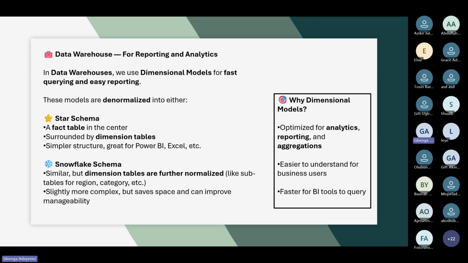So conformed dimensions are dimensions that can relate with every fact that we have in our schema. So for example, now you have the finance department, you have the sales department, you have marketing, you have customer service department, and we have dimensions like products, like customers and so on.